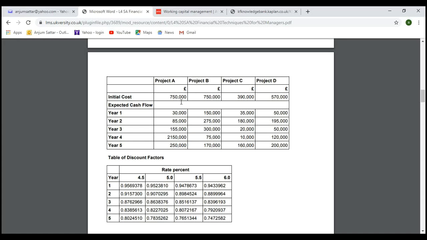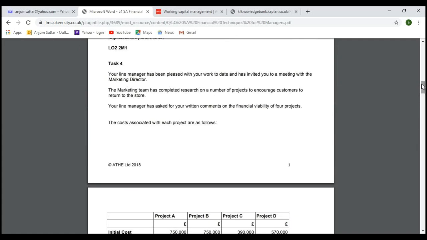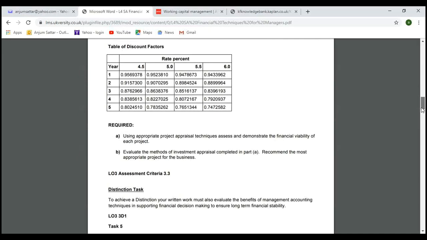If the positive figures are more than the negative figures, which is the outflow, we accept the project, otherwise we reject the project. Please calculate to address this task. If you have any question, please ask me, or go through lesson 3, the slides that will help you as well to address this.